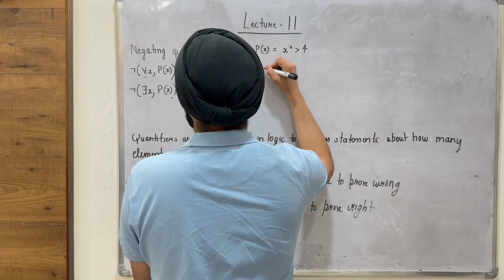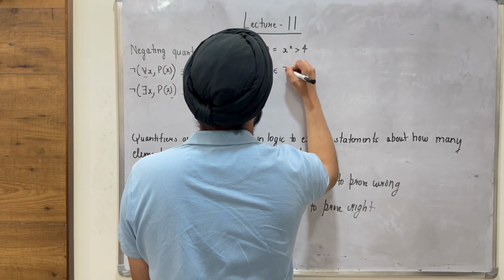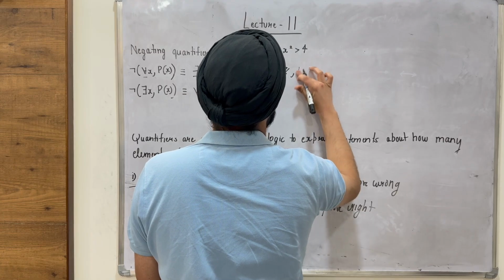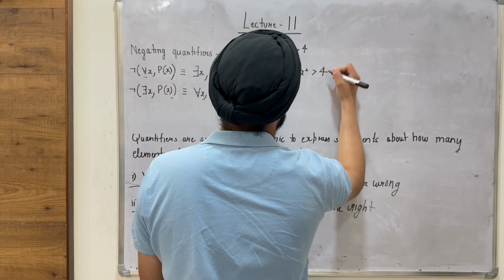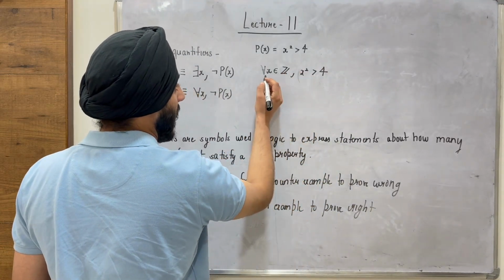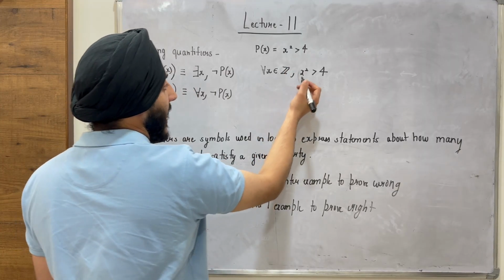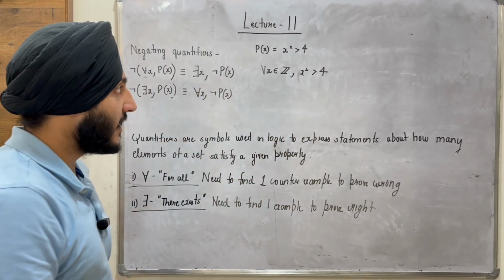Let's say for all x, which are elements of z, p of x, or I should say x square is greater than 4. Now, I hope you are able to understand this sentence. I'm saying for all x, which are elements of the set of integers, x square is greater than 4. Now, is this true or not? This is actually not true.